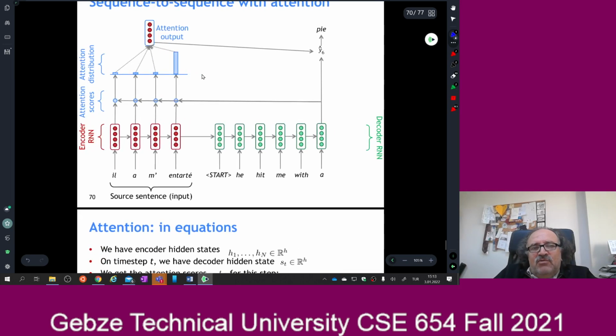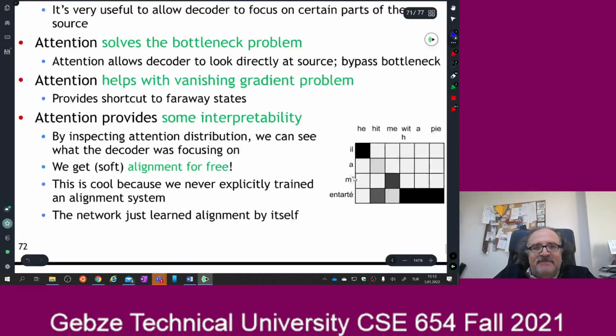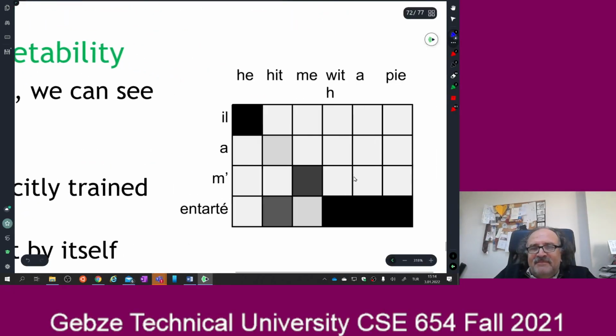You take the dot product between this representation and all the word representations, and it's going to tell you what part of the sentence you are paying attention to. And when you do this, the alignment problem is automatically solved.